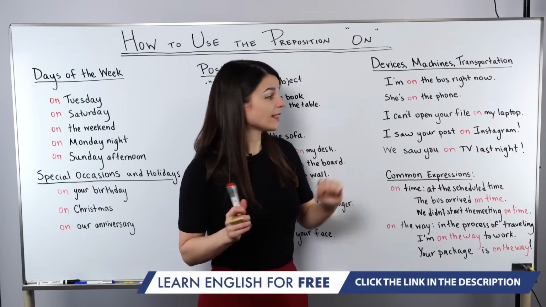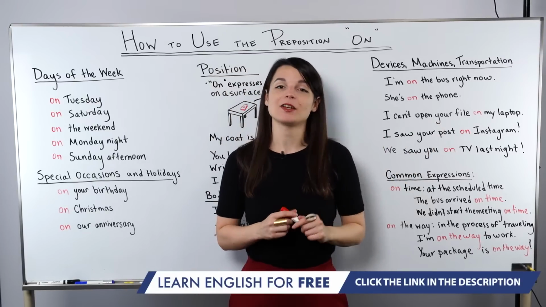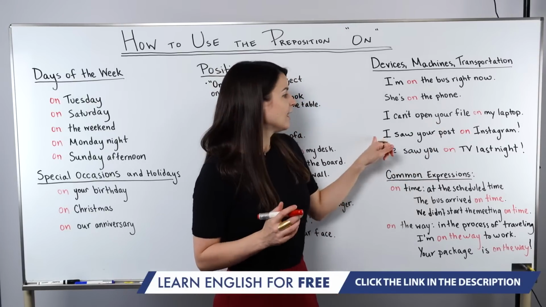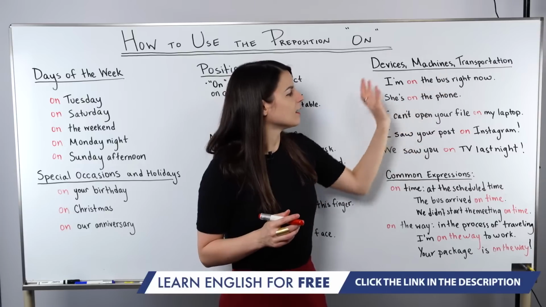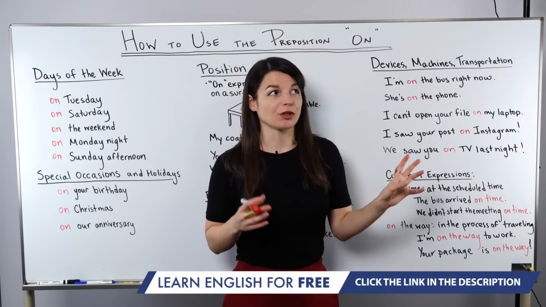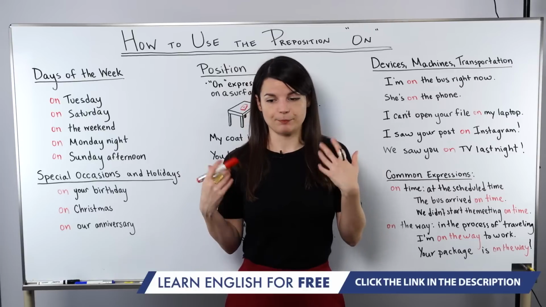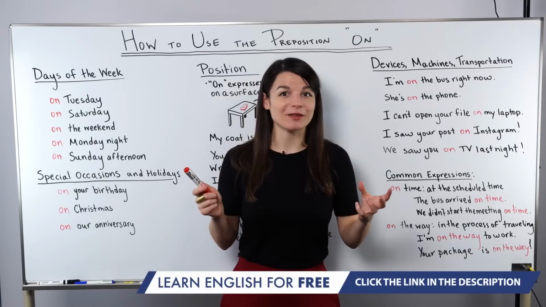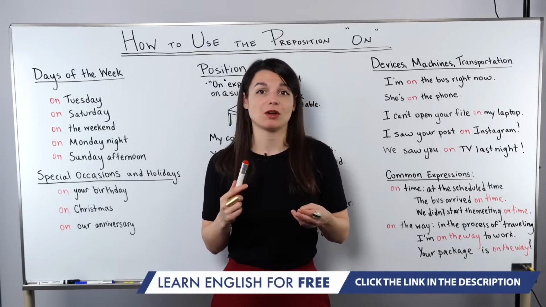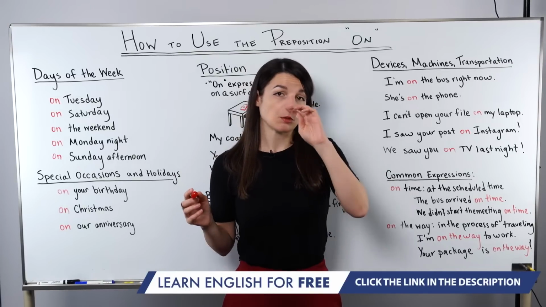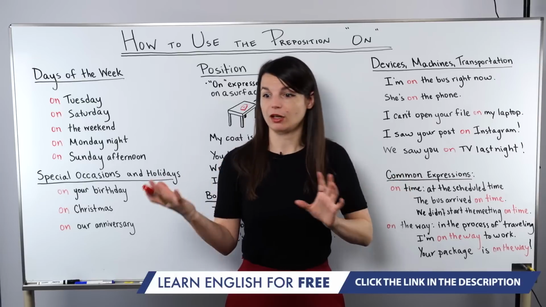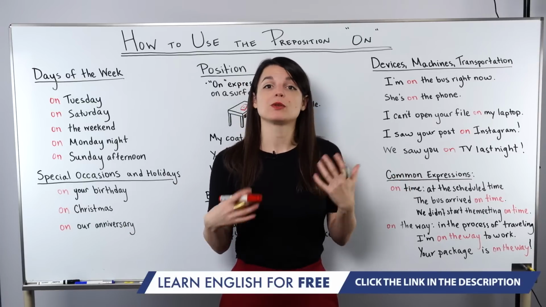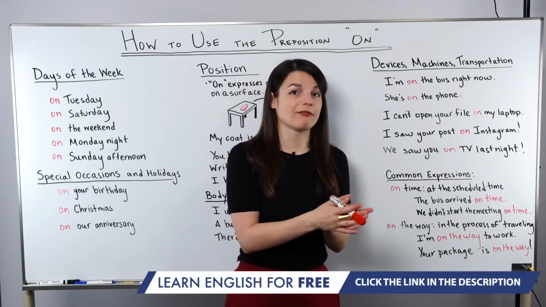Another one, I saw your post on Instagram. So again, this is kind of a digital platform. So for all social media platforms like Instagram, Facebook, Twitter, YouTube, whatever, when we want to talk about posts or videos, pictures, whatever, we use on before the platform name.